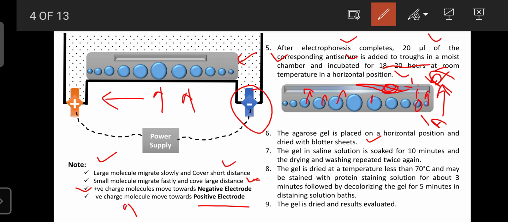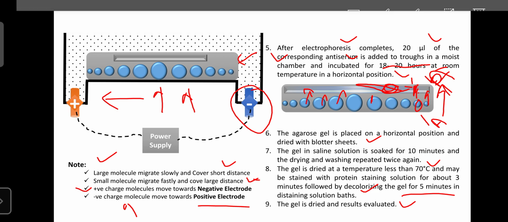After that, the gel is dried at a temperature less than 70 degrees, then stained with protein stain for about 3 minutes, followed by decolorizing the gel for 5 minutes in the destaining solution bath. Then the gel is dried and the result is evaluated. The plate was dried and the color band was developed.